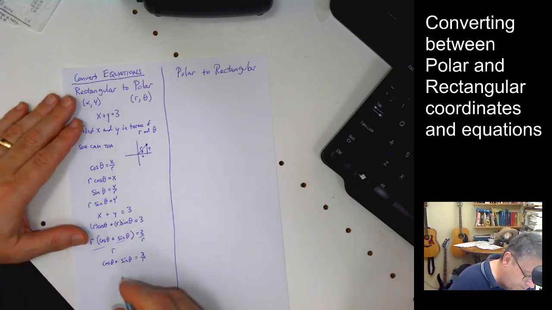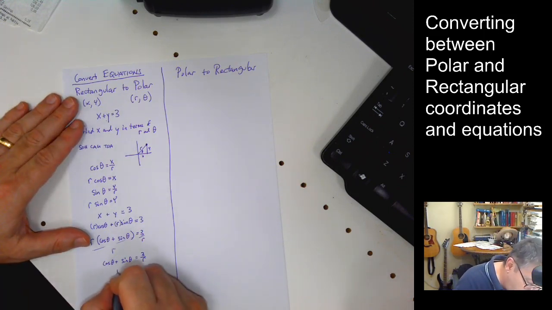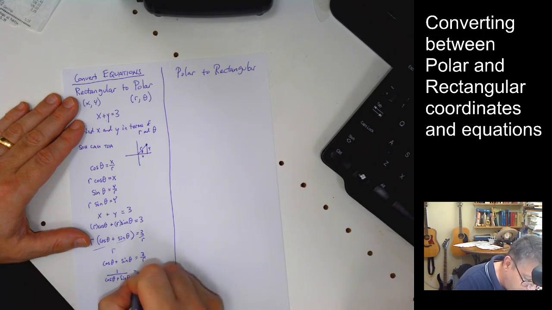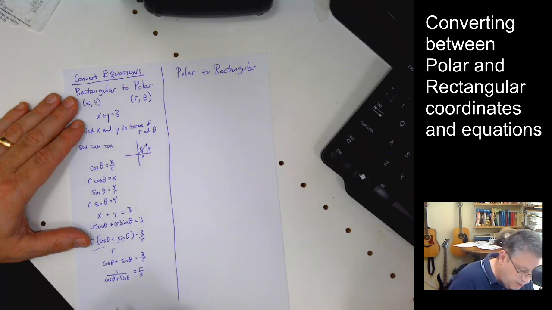So we get 1 over (cosine theta + sine theta) = r over 3. Then we multiply both sides by 3, and we end up with 3 over (cosine theta + sine theta) = r.